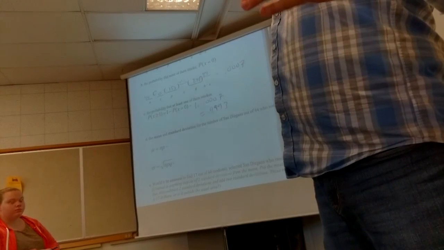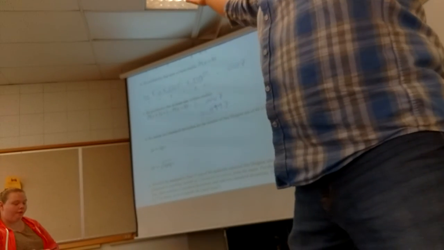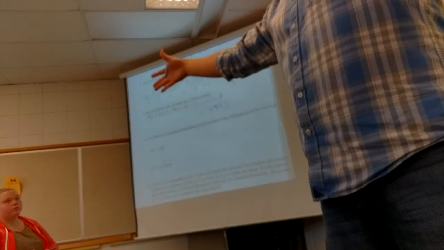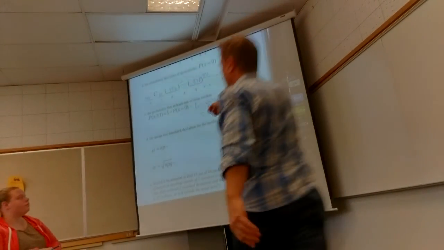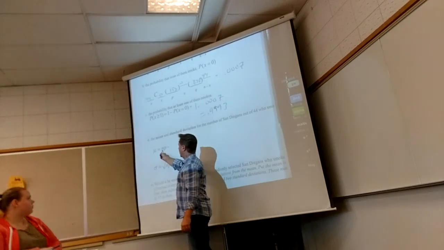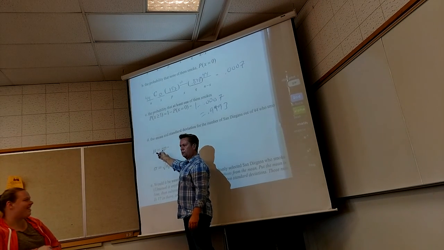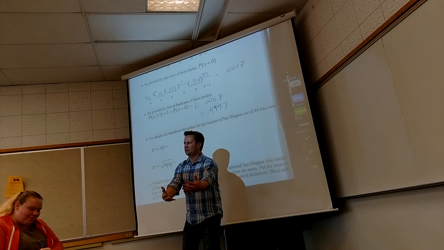What percent of San Diegans smoke? 15.2. So if I had 10 people, I would expect 15.2% of 10 to smoke. I have 44 people, so I expect 15.2% of those 44 to smoke. Isn't that exactly what this is? This 0.152 times 44. That's the average. It's a formula for the average because that's what I expect.